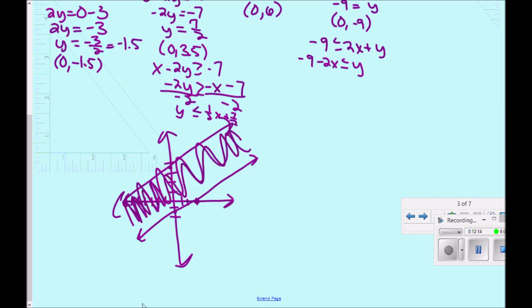The next one we said 0, 6. And we said 3, 0. So that looks like that. And we said below. And lastly, we said 0, negative 9.